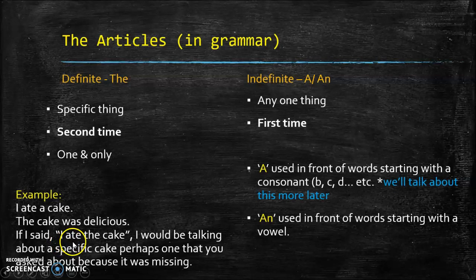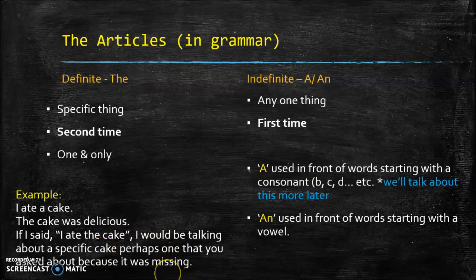If I said I ate the cake, I would be talking about a specific cake. Perhaps there was a cake on the table that you'd just cooked, and you came to me and said, where's the cake? It's not on the table anymore. And I might say, I ate the cake. I was referring to that cake.